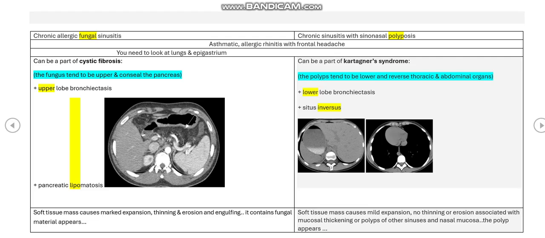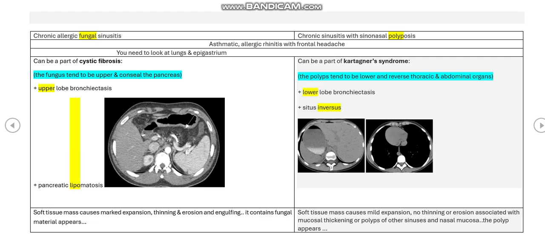I've uploaded a video to know how to detect the pancreatic lipomatosis on CT scan, and I mentioned that you need to focus on the splenic vein as it runs on the superior border of the pancreatic body.